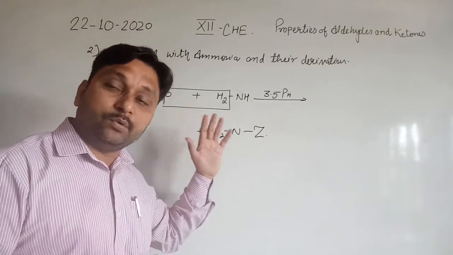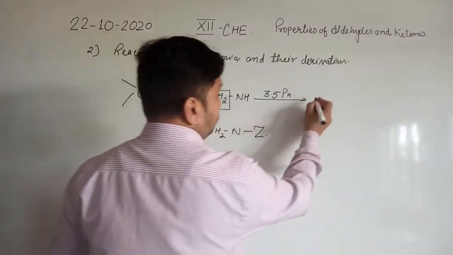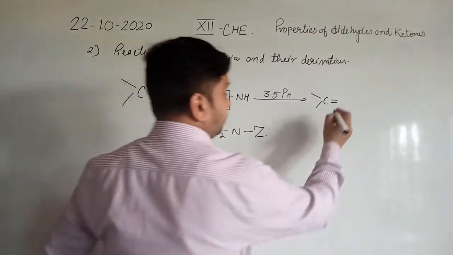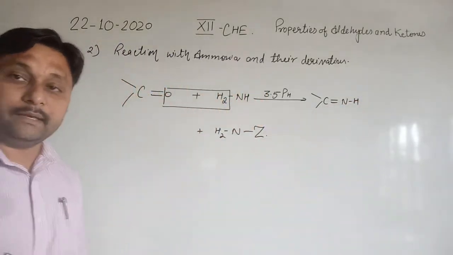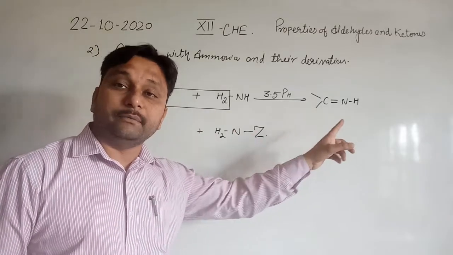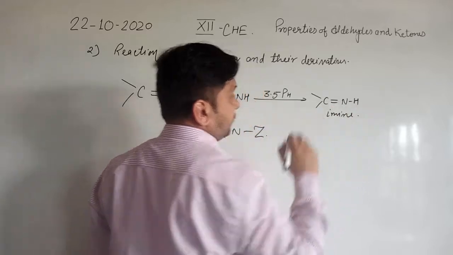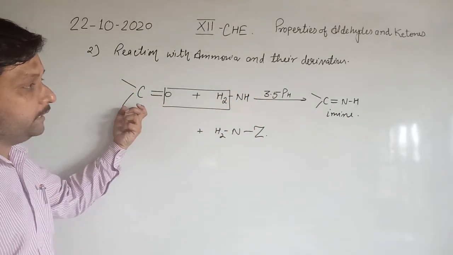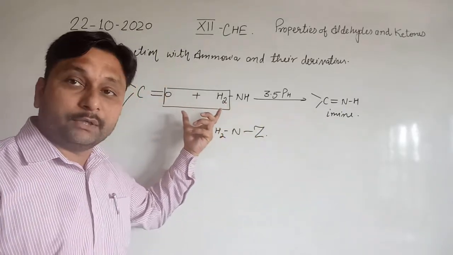It will convert into C double bond N bond H, clear? This compound converts into an imine. So when ammonia reacts with a carbonyl compound, an aldehyde or ketone, it converts into an imine with the elimination of one molecule of water.